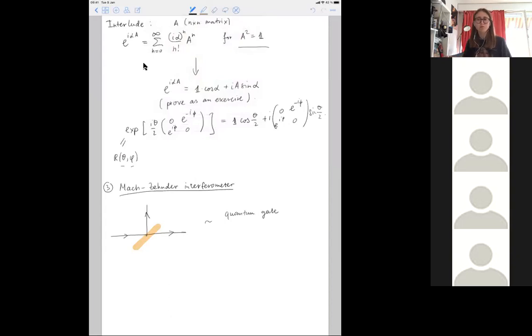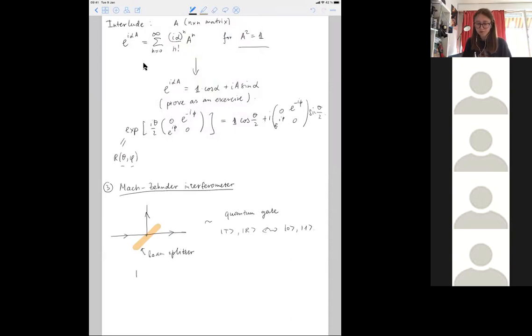For the purposes of this exercise, I labeled the transmitted and the reflected beams as T and R, but you can also understand them as 0, 1 states of the beam. And the idea to see the beam splitter as a gate is that it performs the following operation.